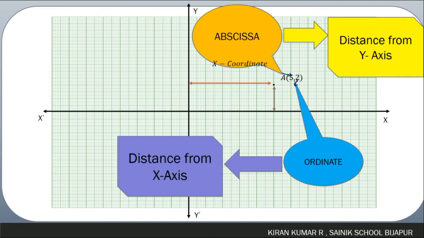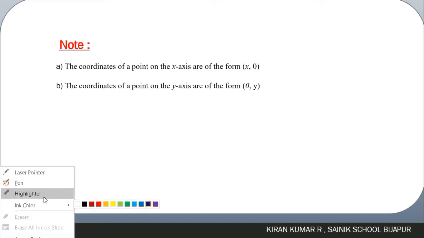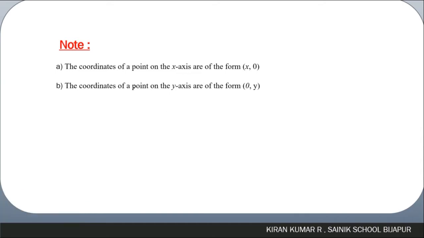Here, abscissa is nothing but the x-coordinate and ordinate is nothing but the y-coordinate. You need to note, if there is a point on the x-axis, the point is denoted with (x, 0). If there is a point on the y-axis, it is denoted with (0, y). With this basic definition, we shall begin the chapter.